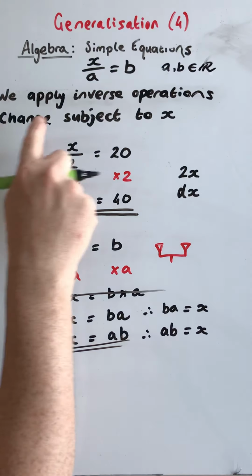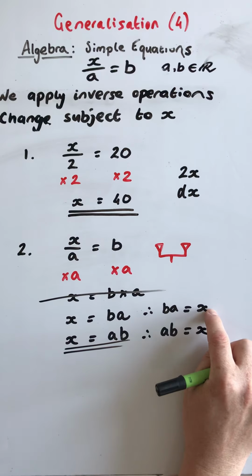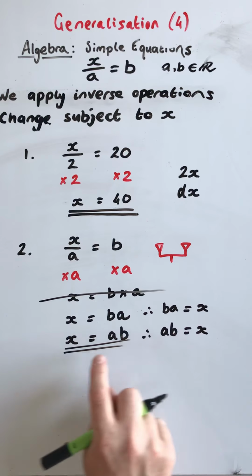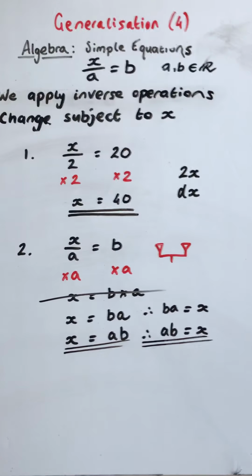Because with changing the subject to x, x has to be on its own. If it's on the left hand side or right hand side, it doesn't matter. But we have certain preferences.